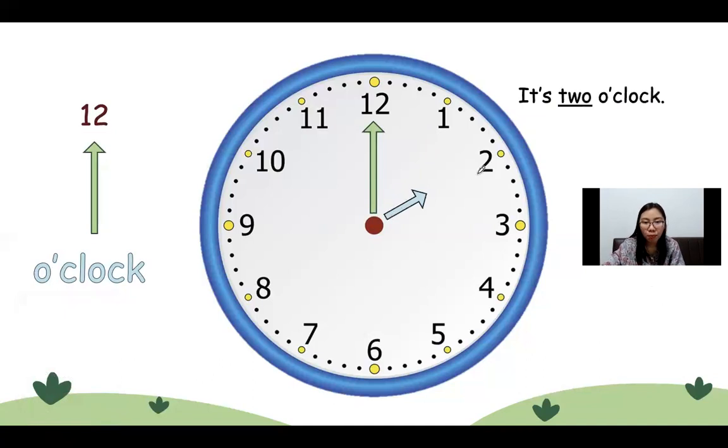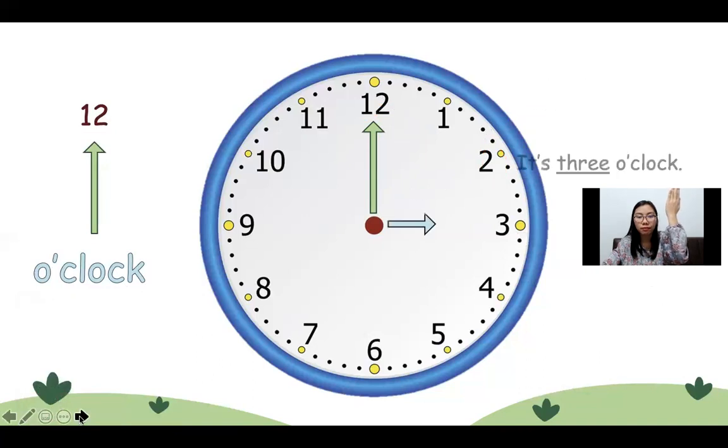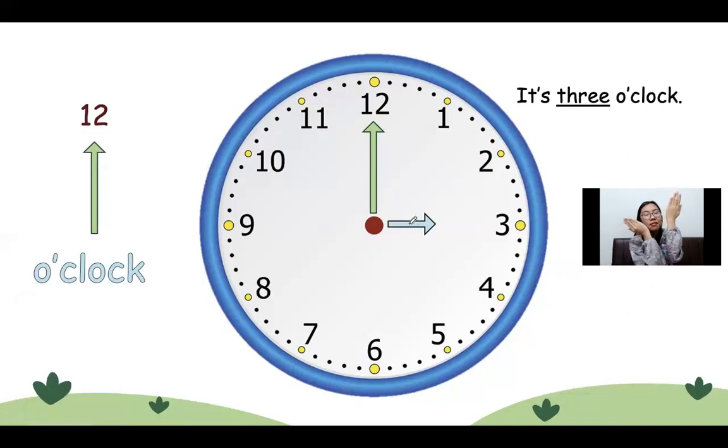The short hand points at 2 and the long hand points at 12. 2 o'clock. Another. The short hand points at 3 and the long hand at 12. So we say 3 o'clock.